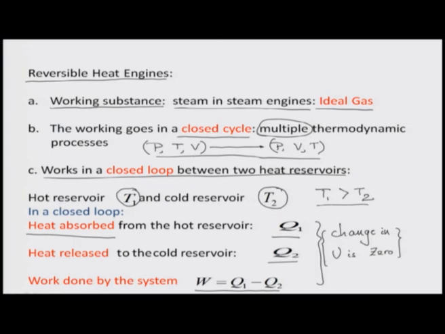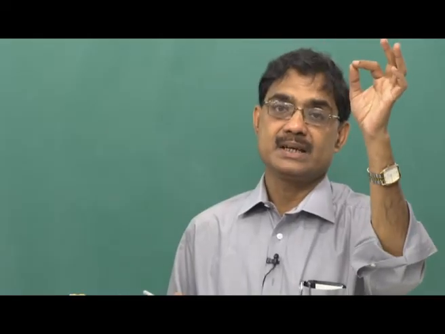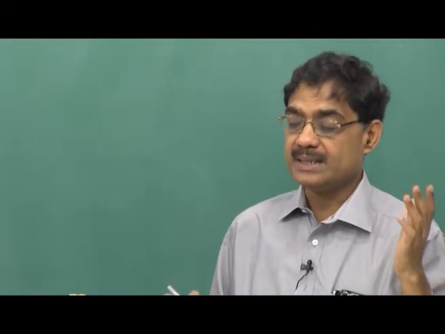It absorbs heat from the hot reservoir, the amount is Q1, and releases some heat Q2 to the cold reservoir with lower temperature. So work done by the system is W equals Q1 minus Q2. This is conservation of energy. But change in internal energy is 0 because initial temperature and final temperature happen to be the same.